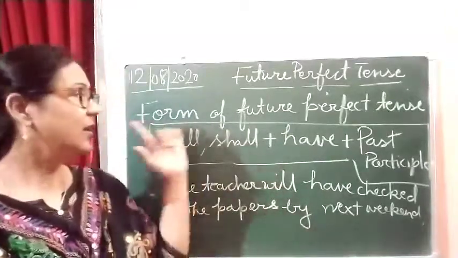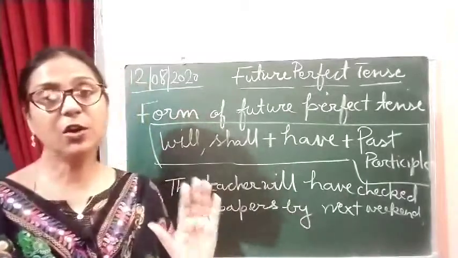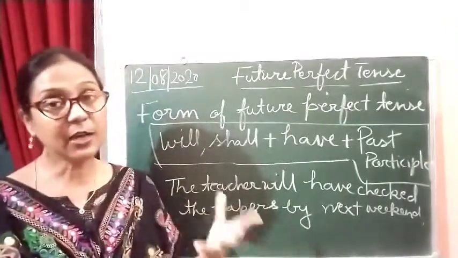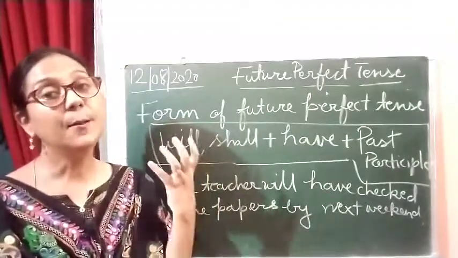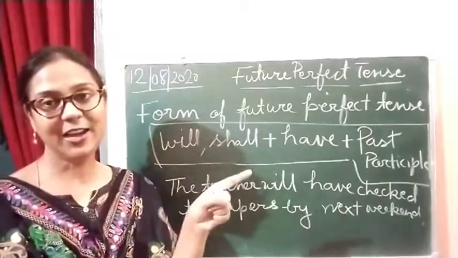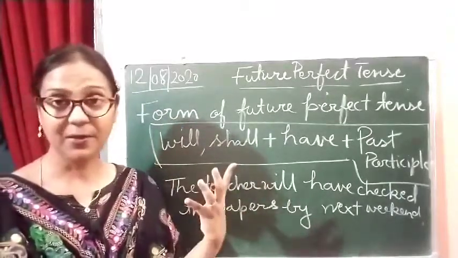As we have studied in the definition of future perfect tense, we have studied an action which will be completed at a particular point of time in the future. So, will have completed.